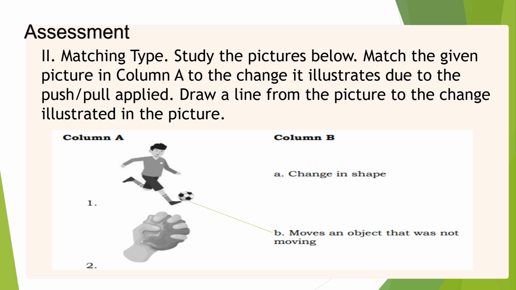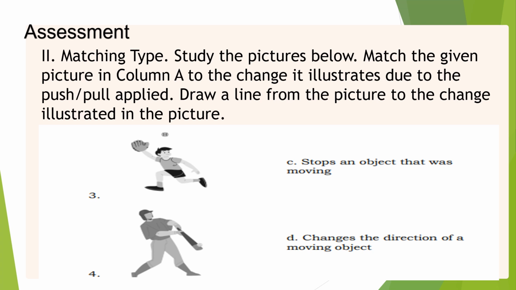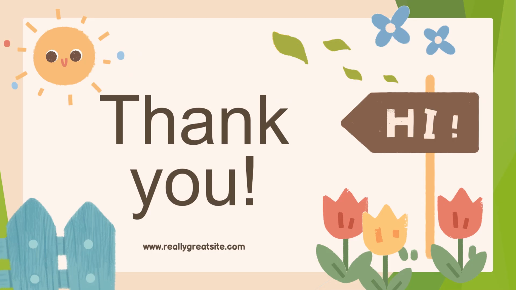Number 2, yes, that's right. It's letter A, change in shape. Okay, for number 3, it illustrates letter C. It stops an object that was moving. Number 4, this picture shows letter D, changes the direction of a moving object.